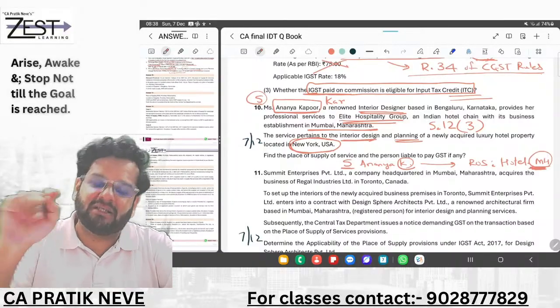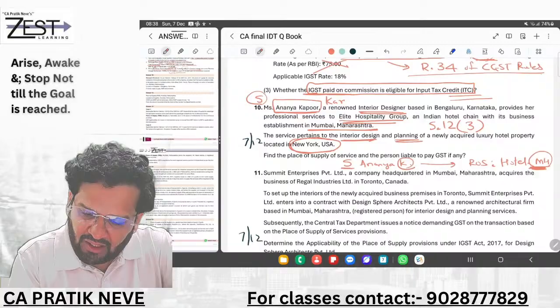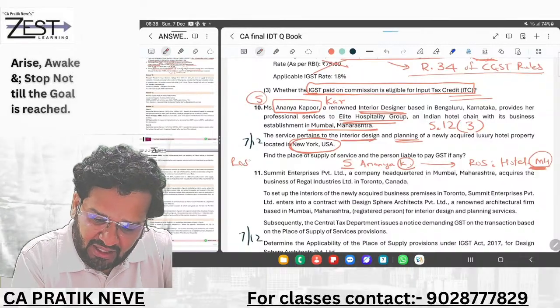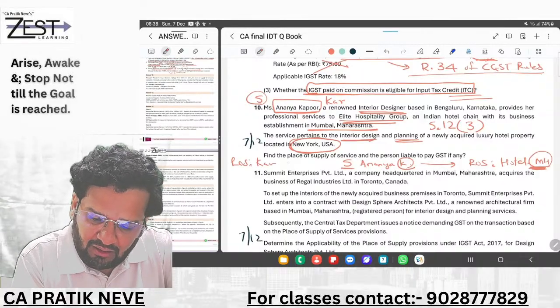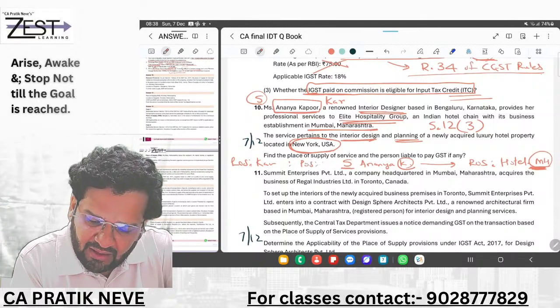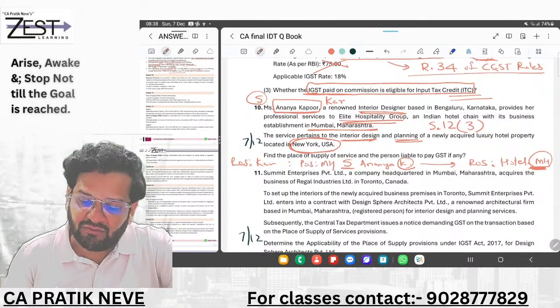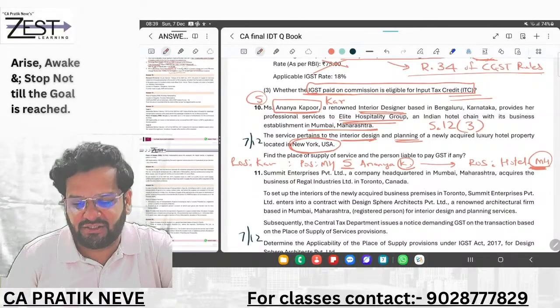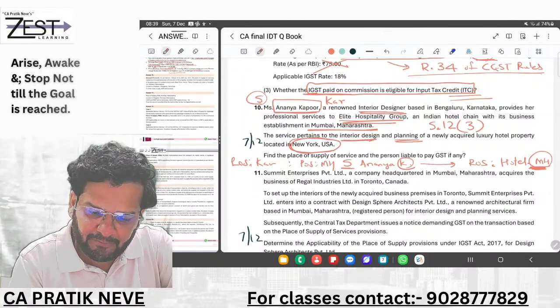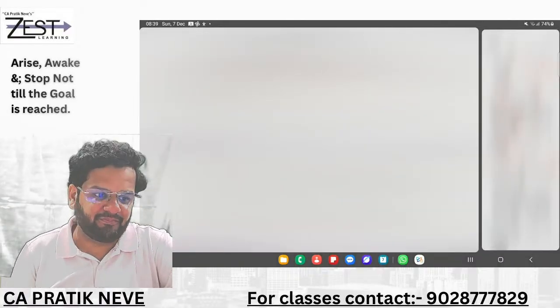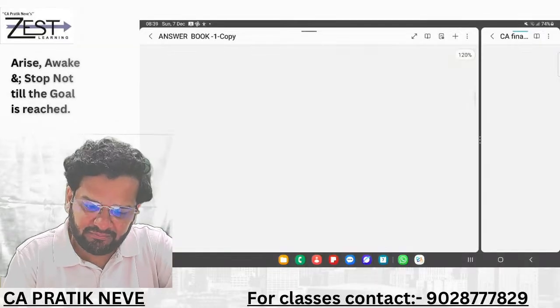So it will become Maharashtra. So location of supplier Karnataka, place of supply Maharashtra, there will be chargeable IGST. Make sense? And both are in India.